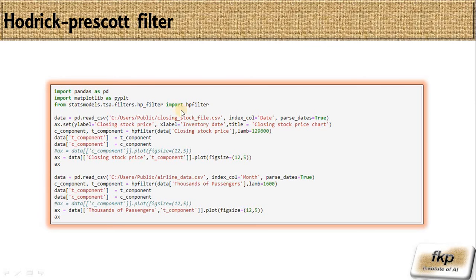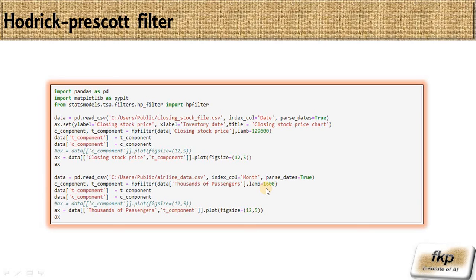We can just call this hpfilter, and you give your feature on which you need to find the trend and cyclic components, and you should give the lambda value. When you are dealing with daily data, you need to give this value. When you are dealing with quarterly data, we need to give 1600, but here I am dealing with monthly data, and I am still giving 1600 just to show the example.